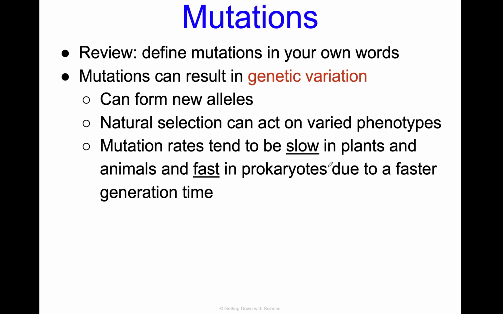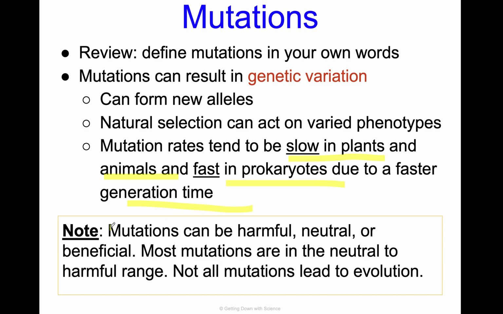Mutation rates tend to be slow in plants and animals and faster in prokaryotes due to a faster generation time. That makes sense. It takes plants some time to grow. It takes animals some time to make and have babies, but prokaryotes can just asexually replicate on their own. So it tends to go faster in prokaryotes than in multicellular organisms.